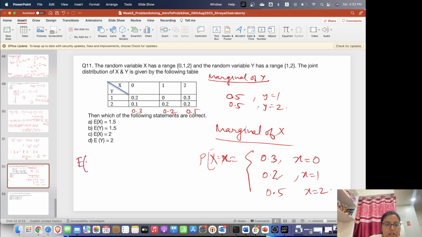So then expectation of x will be 0 into 0.3 plus 1 into 0.2 plus 2 into 0.5. So it will be how much? 0 plus 0.2 plus 1, that is 1.2.